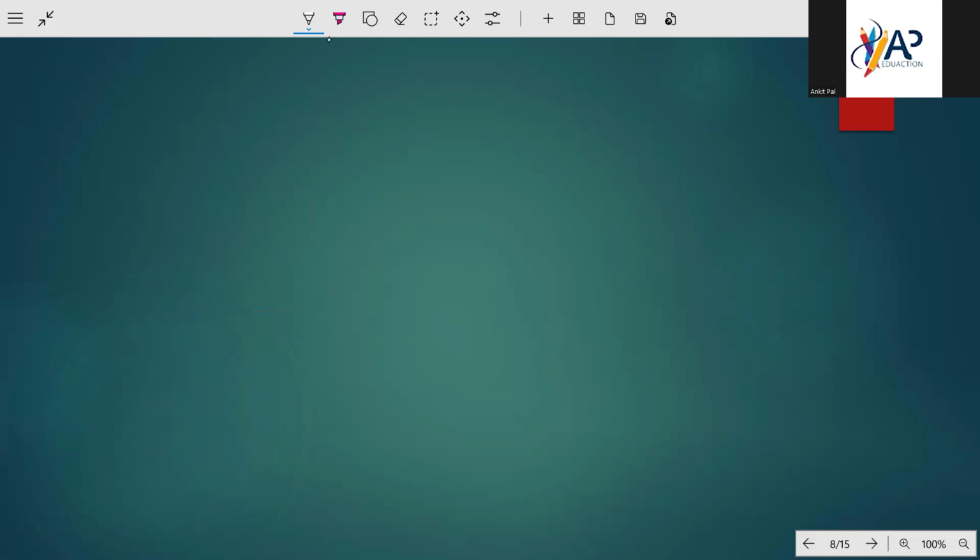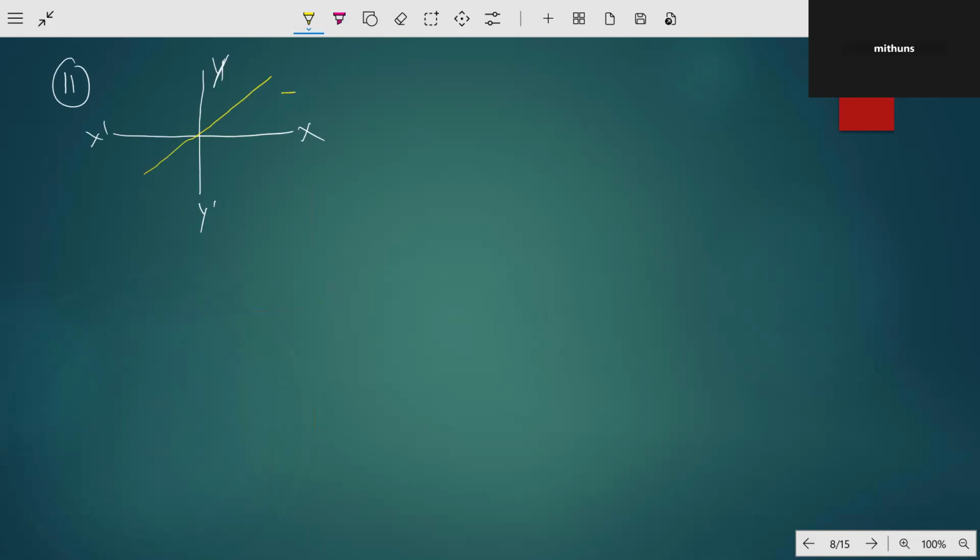Suppose that now you tell me, is the graph positive or negative? X, x dash, y, y dash. If we draw this one, the graph is positive or negative? Positive. Very good.